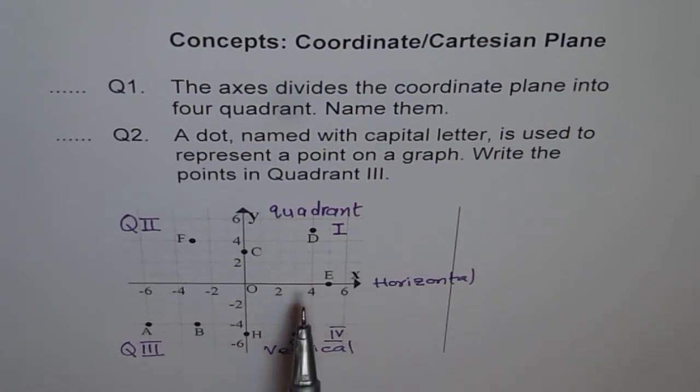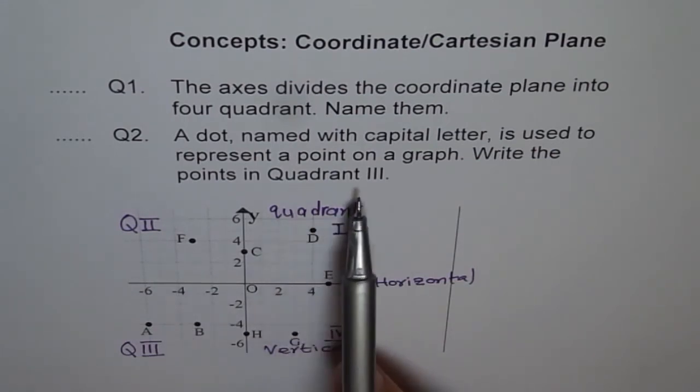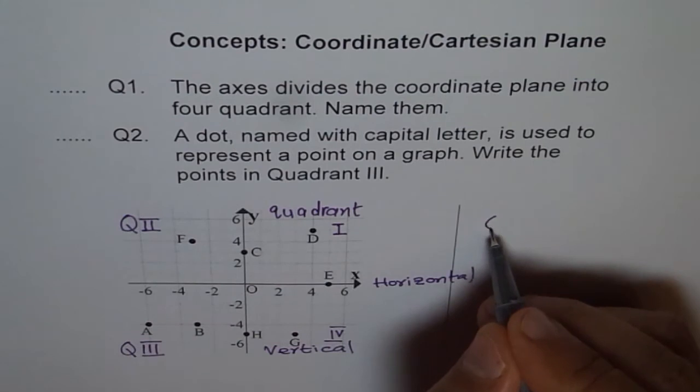Here we are trying to see where they lie and in which quadrant. At present the question asks for quadrant 3. So in quadrant 3, which points do we have?